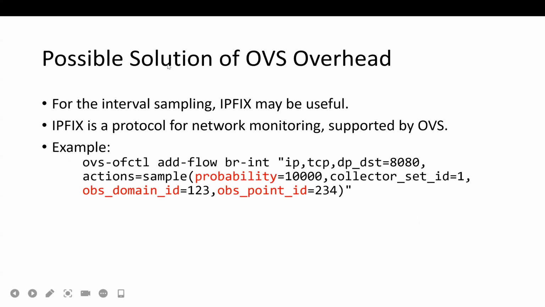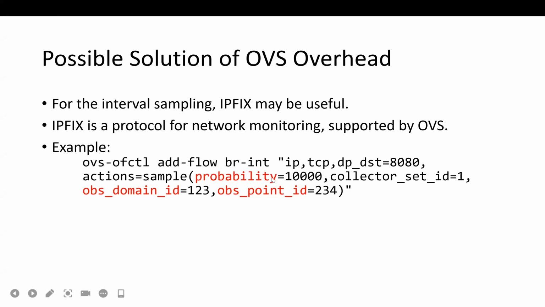I think a possible solution for the OVS overhead is that for the interval sampling, we can use IPFIX. IPFIX is a protocol for network monitoring, which is supported by OVS already. For example, we can add a flow to the bridge, where the action is the so-called sample action. There are some parameters of the sample action.